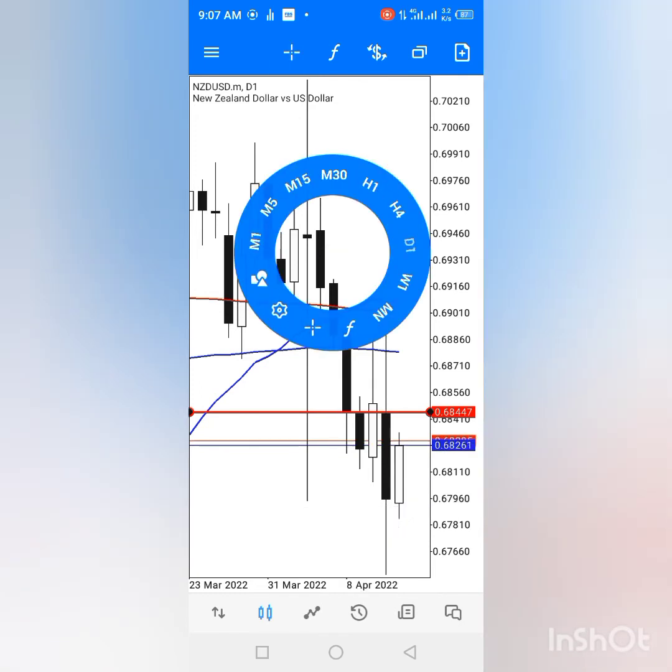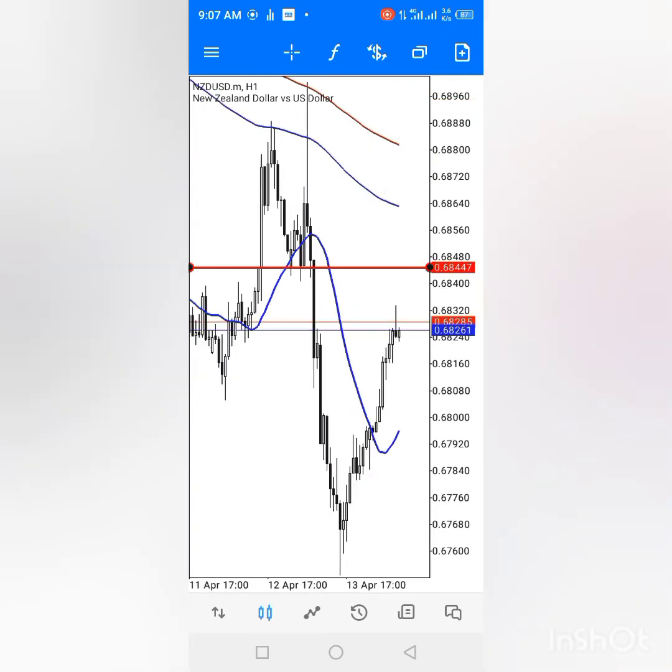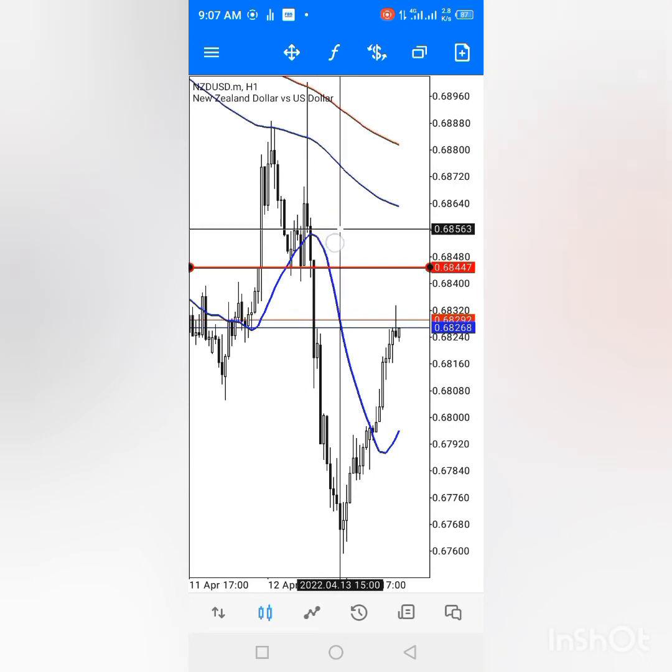So after that, I'll go to my 1 hour time frame to see, did the market break my daily market open? Yes, the market broke my daily market open. But before it broke the market open, it first broke the 21 moving average. This is a 21 period moving average, which is a simple moving average. The market also broke that.